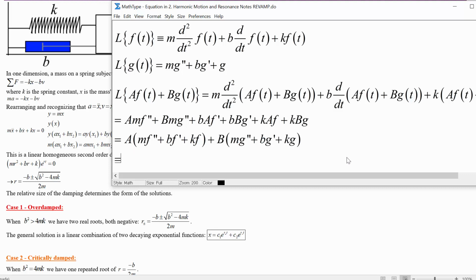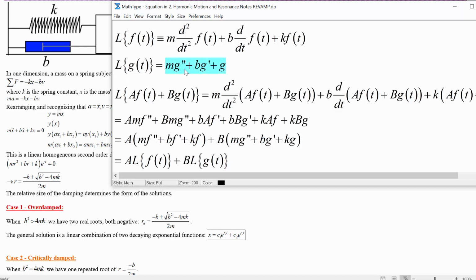So this is A times this L operator at f at t plus B times the L operator at g at t. Aha! So this means this differential equation is indeed a linear function.